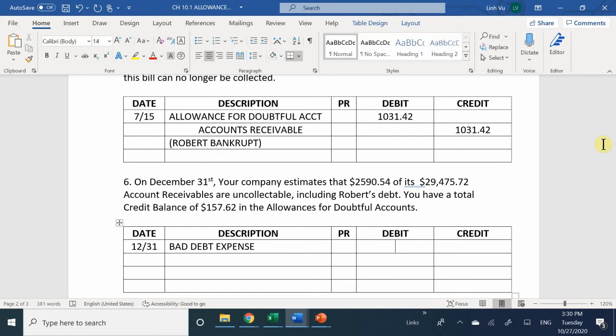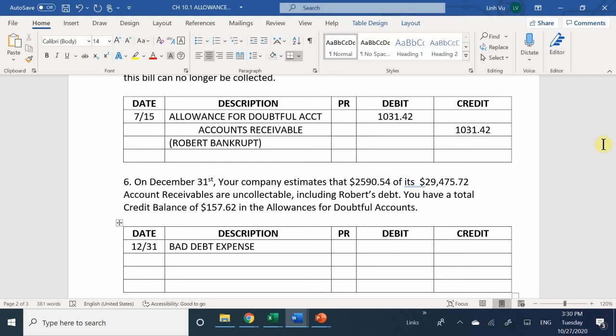Now that we have this estimated amount, the next line is that you see that there is currently a credit balance in the allowance for doubtful accounts for a total of how much? 157.62. Good.